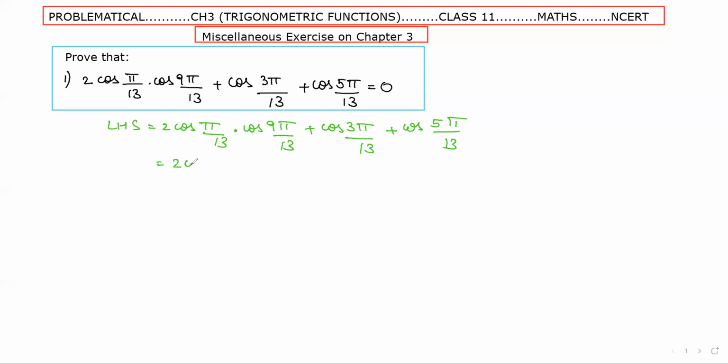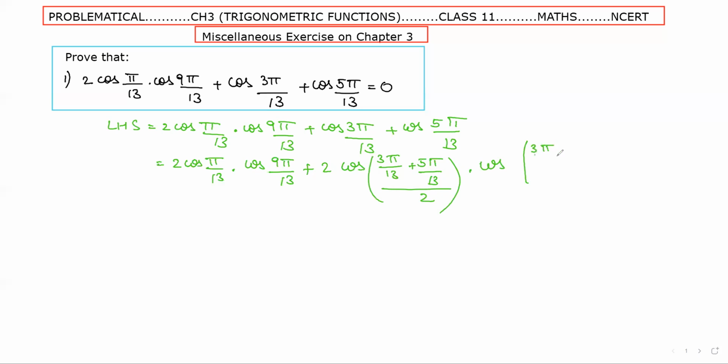This is equal to 2 cos pi by 13 multiplied by cos 9 pi by 13 plus, cos A plus cos B is 2 into cos of (A plus B) by 2, that is 3 pi by 13 plus 5 pi by 13 whole upon 2, into cos of 3 pi by 13 minus 5 pi by 13 divided by 2.